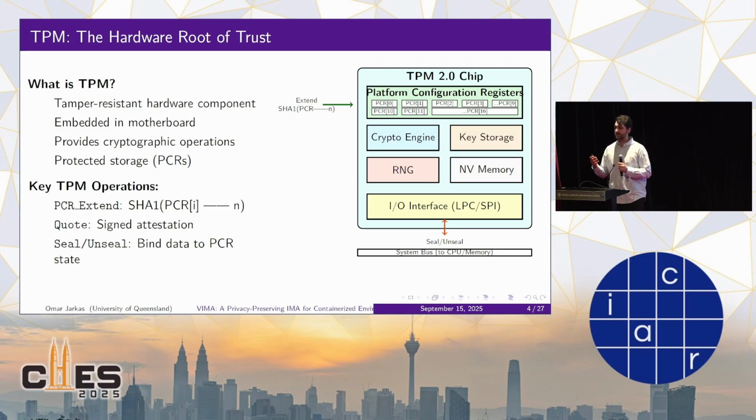It also has specific registers called platform configuration registers, or PCRs, that allow you to store the measurements in hardware so that you can have the hardware root of trust. The measurements are stored using a PCR extend function. It also allows you to sign attestation quotes for remote attestation, and sealing and unsealing, along with other cryptographic functions using the crypto engine.